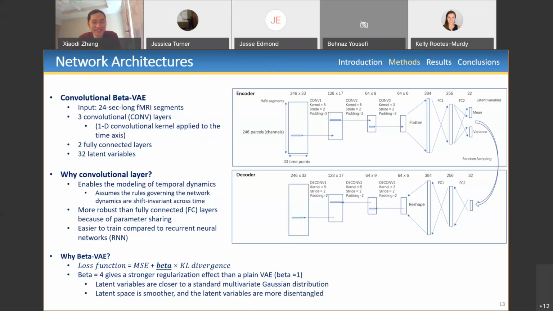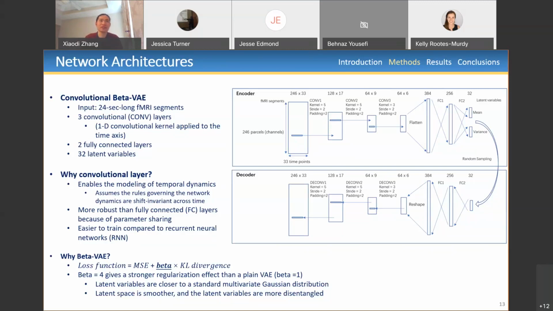You flattened the 64 by 6 latent, or intermediate latent variable. Is this flattening mostly inspired by the QPP method, or is it a common practice in autoencoders? It's very common in neural networks.